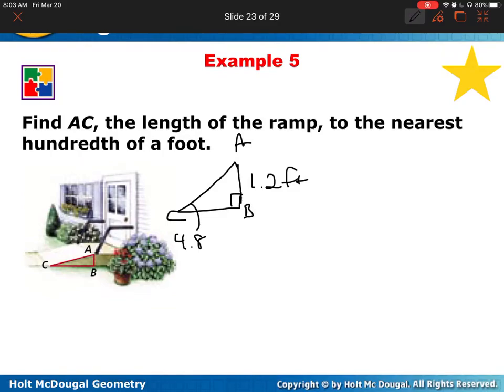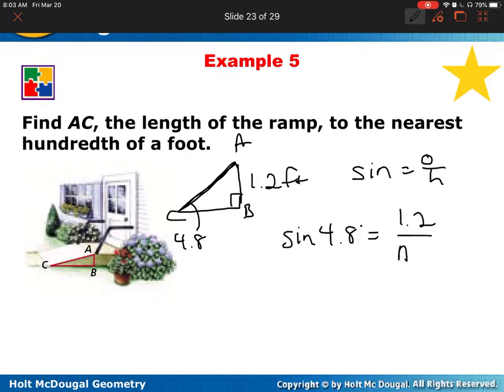So now we're trying to find AC, the length of AC, so the hypotenuse over here. We have our opposite over hypotenuse, so we've got sine. So the sine of 4.8 degrees is equal to 1.2 over AC.